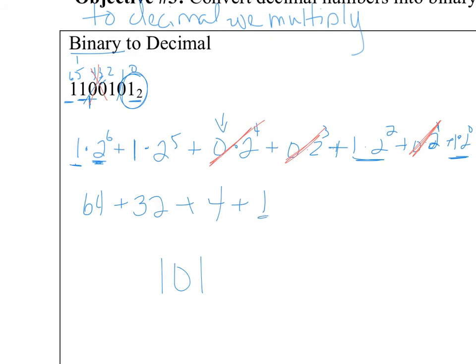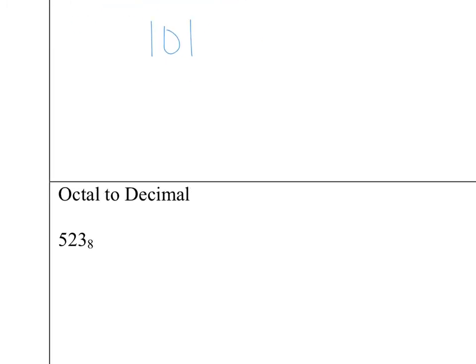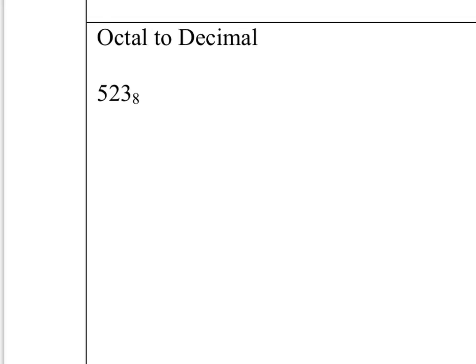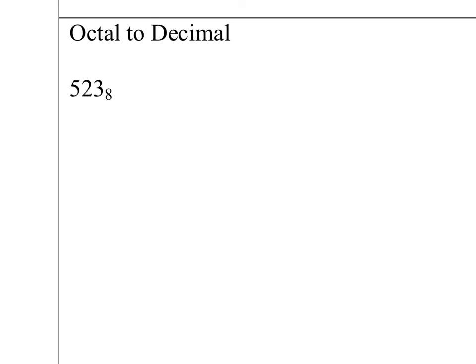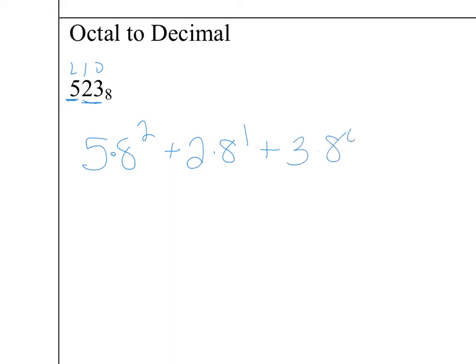So exciting, right? All right, so octal to decimal, do the exact same thing, but it's base 8. So the positions are 0, 1, 2, and we're just raising it to the 8 power. You take the first digit, 5, times 8 squared, plus 2 times 8 to the 1st, plus 3 times 8 to the 0.